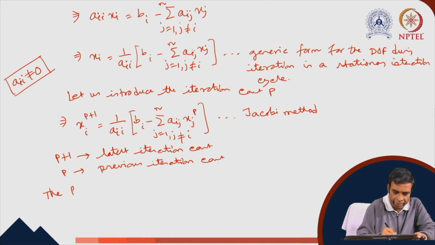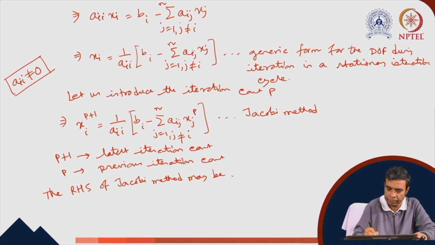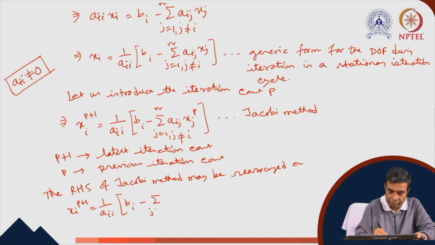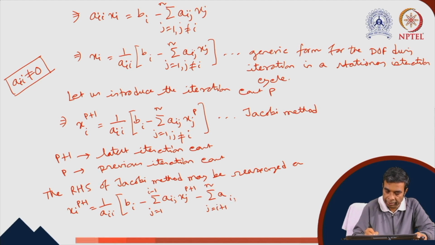The RHS of the Jacobi method may be rearranged as x_i at p plus 1 equals 1 by a_ii into b_i minus summation j equals 1 to i minus 1 a_ij x_j at p plus 1 minus summation over j equals i plus 1 to n a_ij x_j at p.